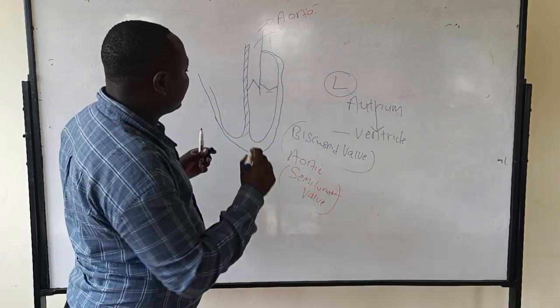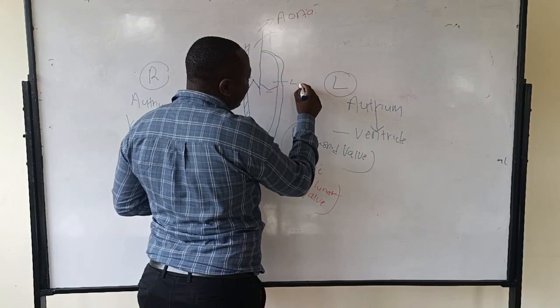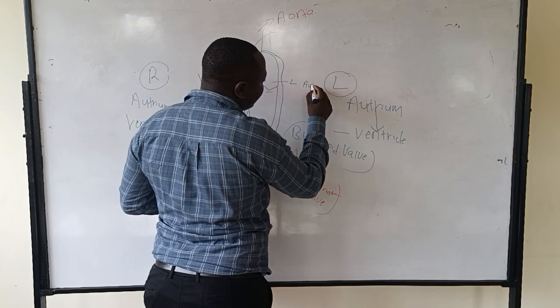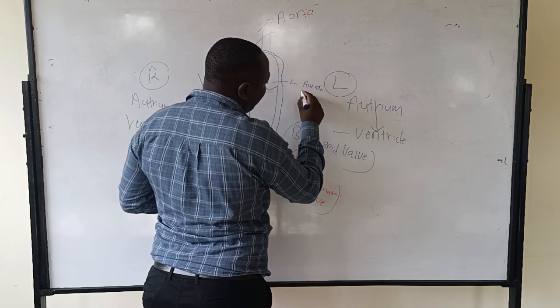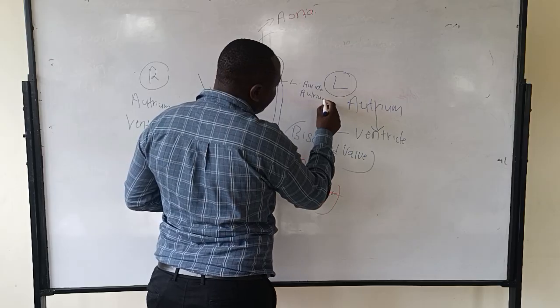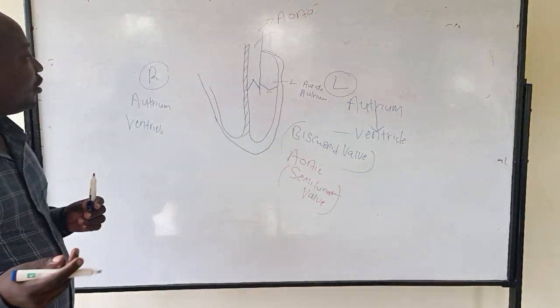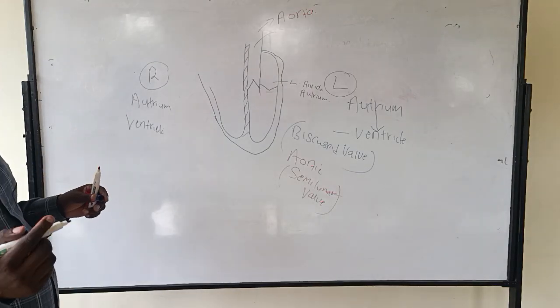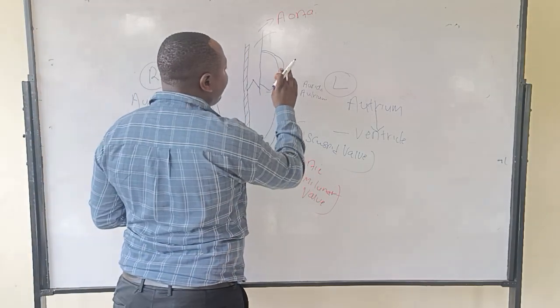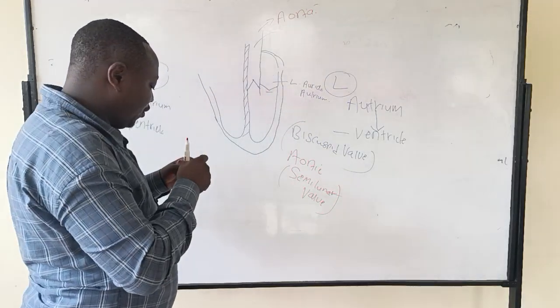So now this is our left auricle or atrium. As we know, the auricles must contain openings where the blood flows in from. So we have four of them.